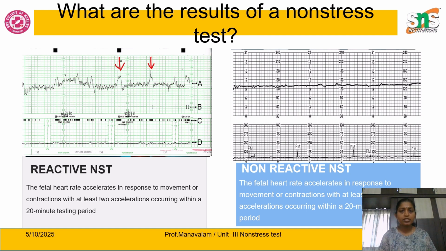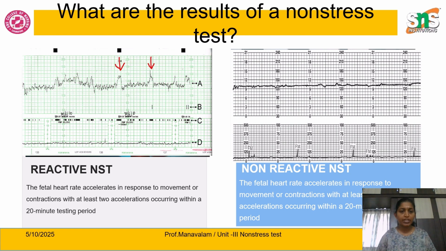Based upon the fetal heart rate and fetal movement, there may be an acceleration of the fetal heart rate. The acceleration may be 5 to 15 beats per minute, mainly 15 beats per minute, and it may last for 15 seconds. Then it is considered a normal acceleration.